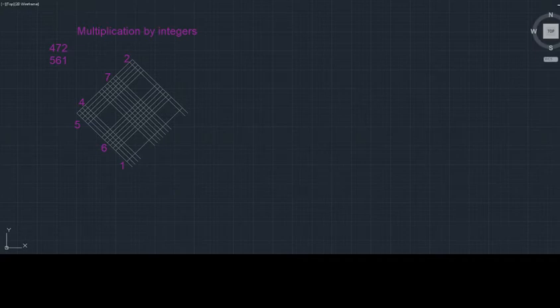And just for simplicity's sake, we are using 472, but this time it is being multiplied by 561. So, of course, the first 2 steps, represent and orient, are done for us. 4, 7, 2, void, void, 5, 6, 1, void, void, and as you can see, it creates a void all the way through the pattern.